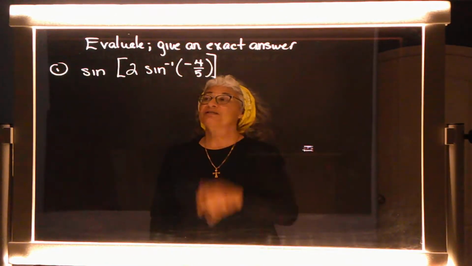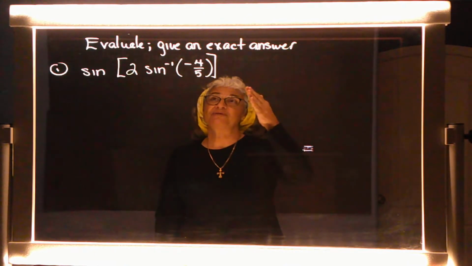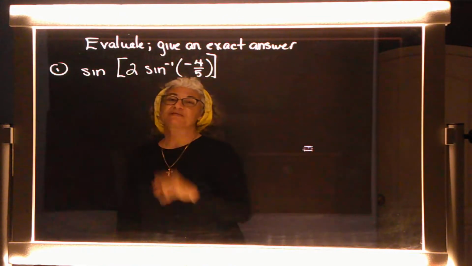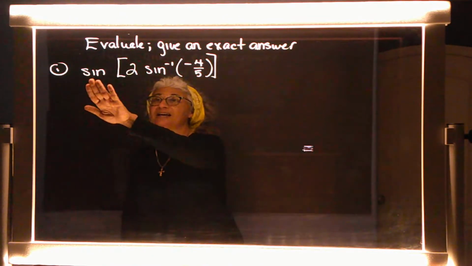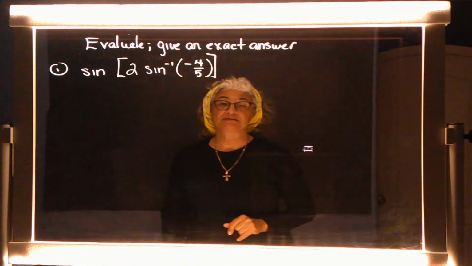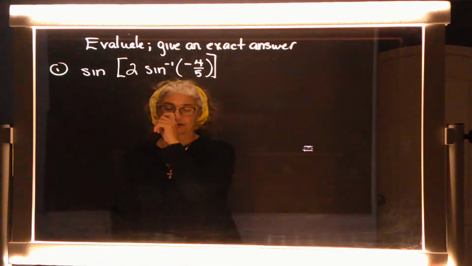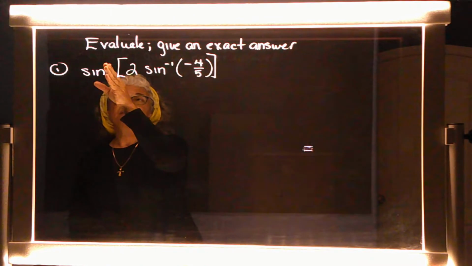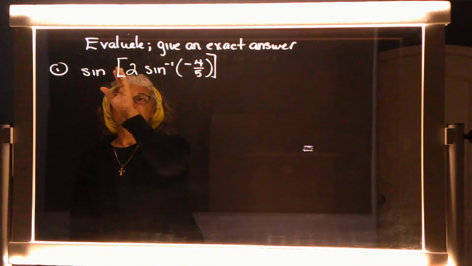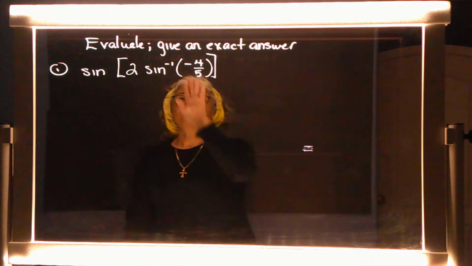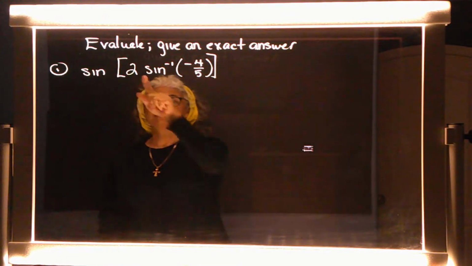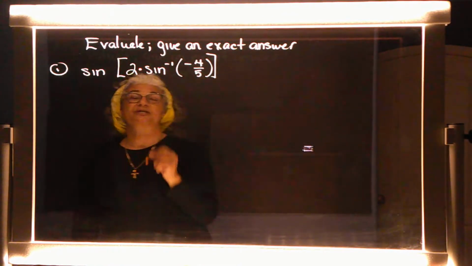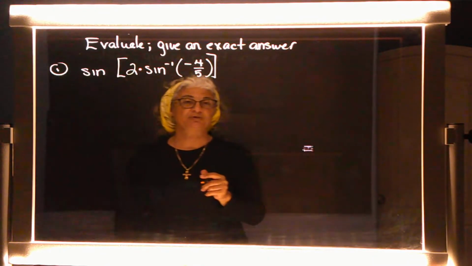Okay, so let's look at this example. The directions say to evaluate and to give an exact answer. So here's what they've given us. They're asking us to take the sine of what's in this bracket, right? Notice this doesn't say inverse. This is just sine. If I look in the bracket, I see a multiplication problem. I see 2 times, and what is the 2 getting multiplied by?